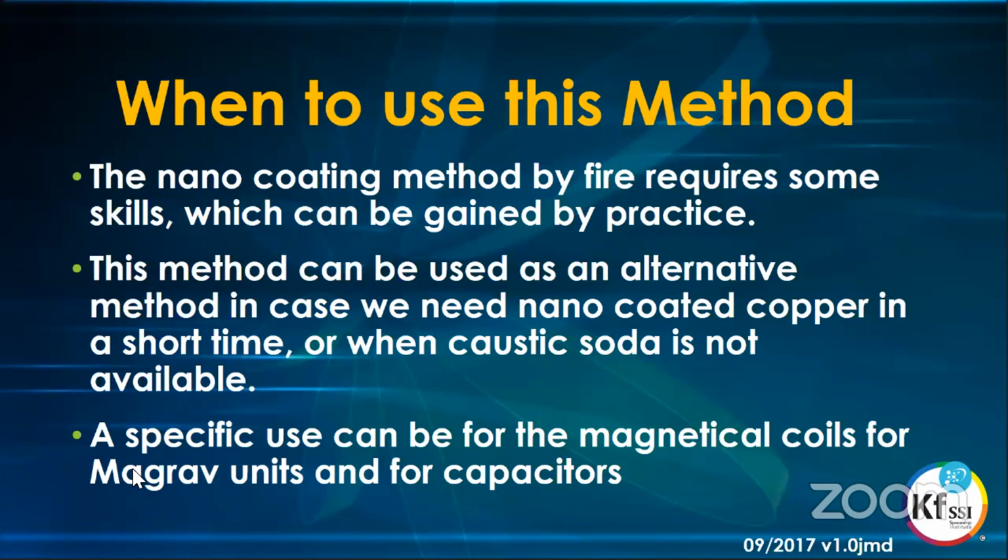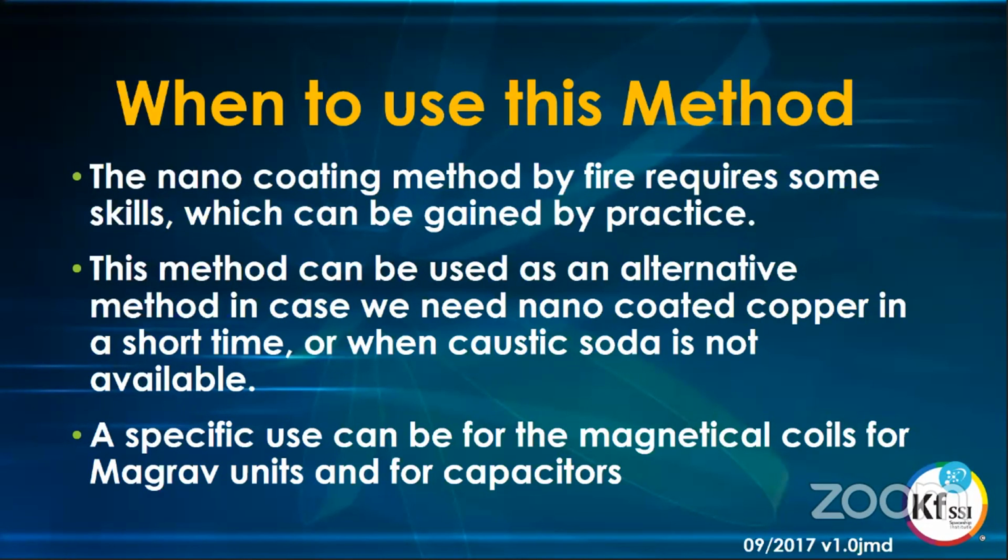For testing purposes, I used such fire nano-coated copper wires or copper plates for making Gans. This coating doesn't last too long, so it goes off faster in salt water. But it's very easy to renew.